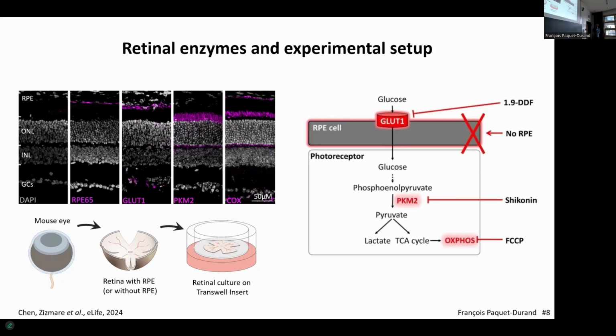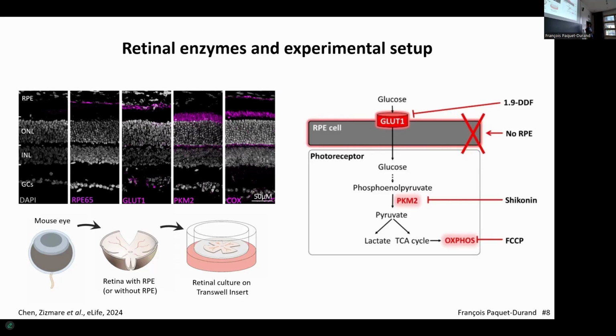For instance, we can cultivate the retina with the RPE attached or without the RPE. We can inhibit glucose transporter 1 with a drug called 1,9-dideoxyforskolin, we can inhibit pyruvate kinase M2 with a drug called shikonin, and we can basically abolish oxidative phosphorylation with a drug called FCCP.